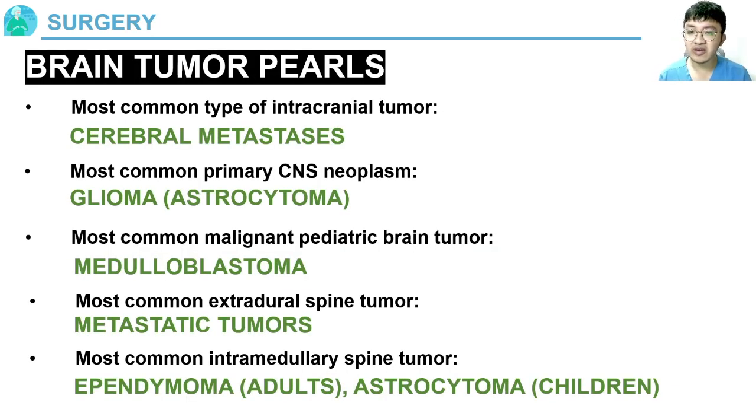The most common type of intracranial tumor is cerebral metastasis. Again, same as your liver, where the most common hepatic malignancy is metastasis. For brain, it's the same: cerebral metastasis.